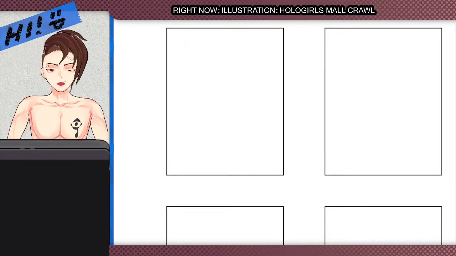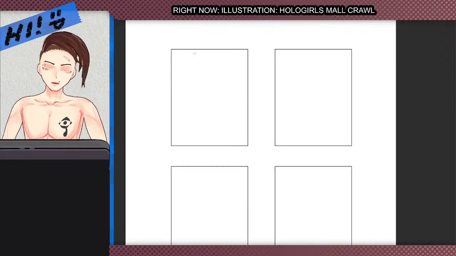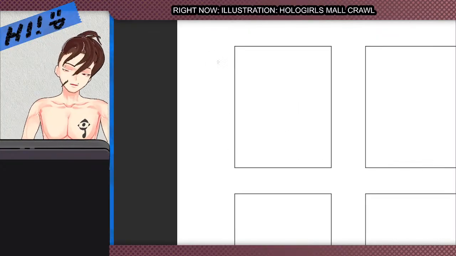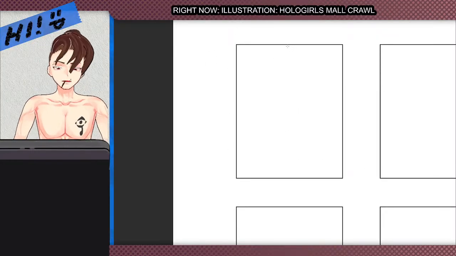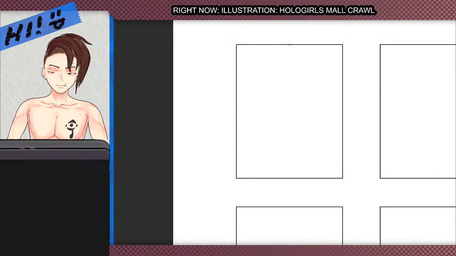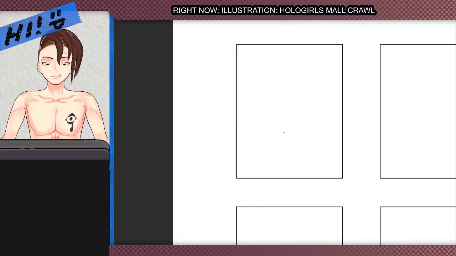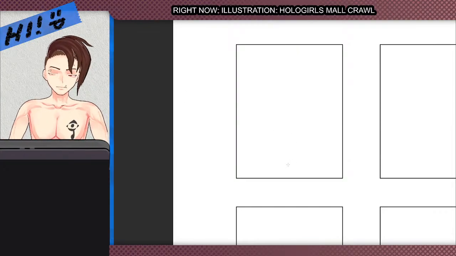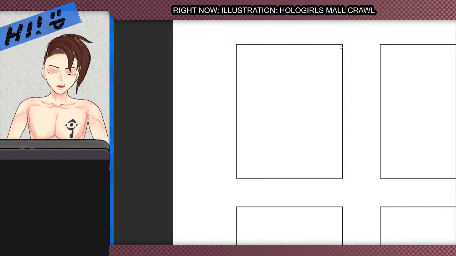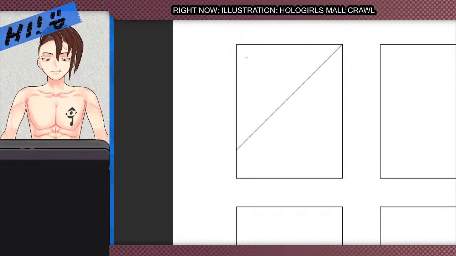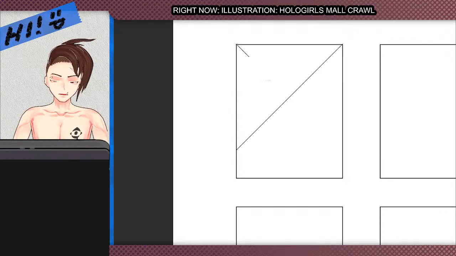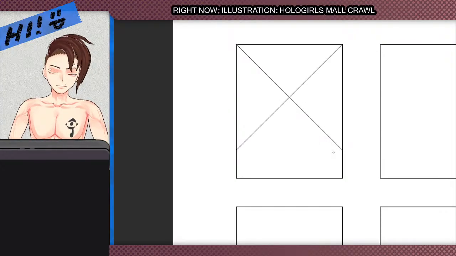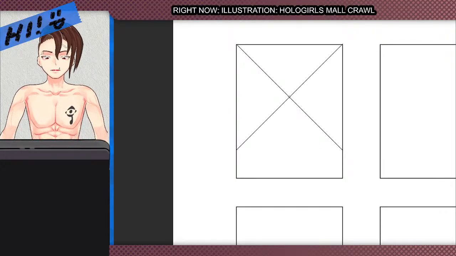What I want to have constant on every single illustration is the main point, basically. So we are going to have that in the center of the illustration, right? I'm just going to do it like this to make a point in the middle.